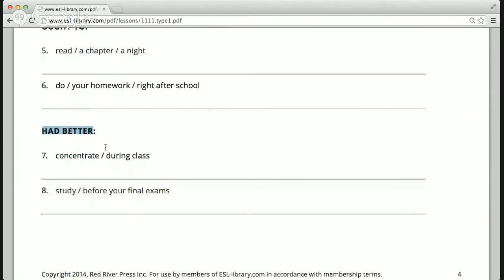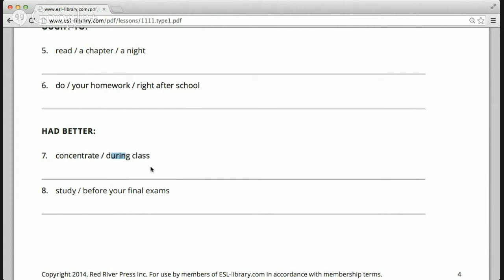Now, I want to use the contraction here, you guys, instead of pronouncing the word "had." I want to say "you'd." So Amparo, number 7, please. You'd better concentrate during class. Now, this is going to be "during." Try that again. You'd better concentrate during class.